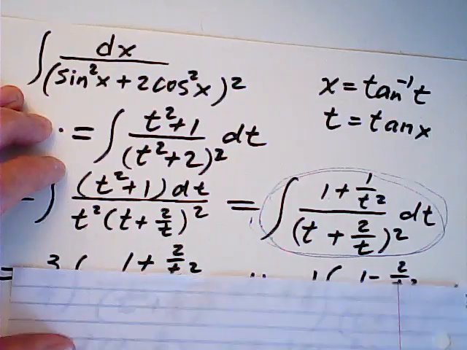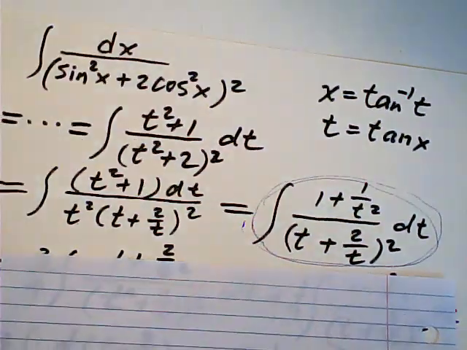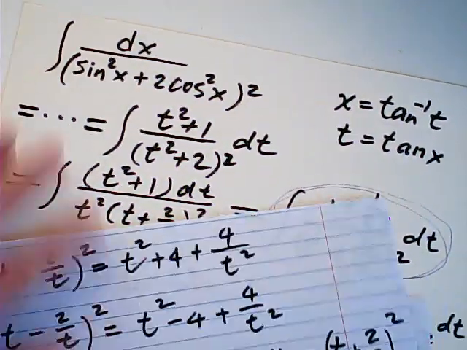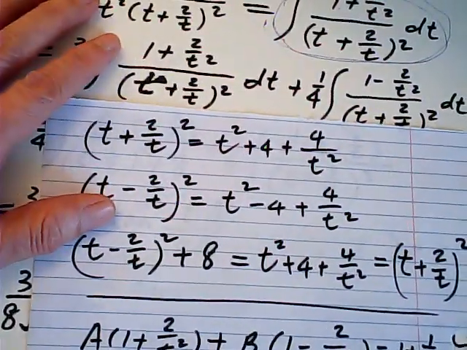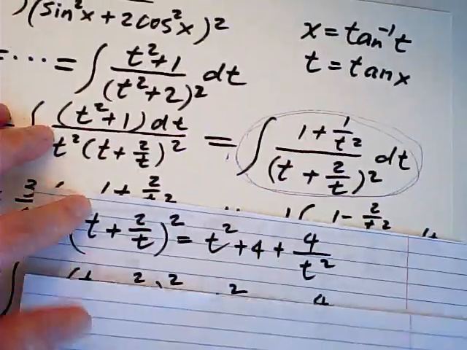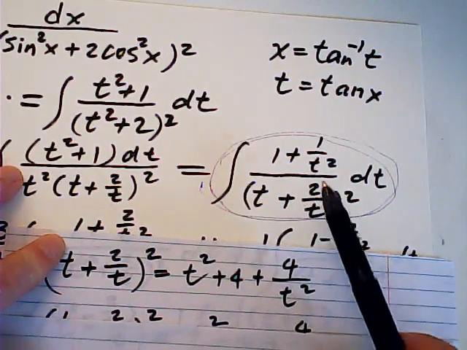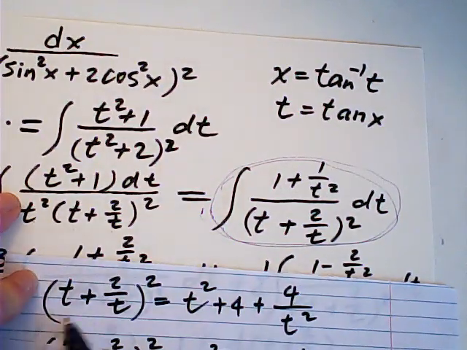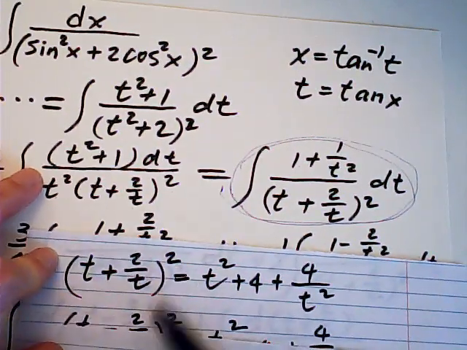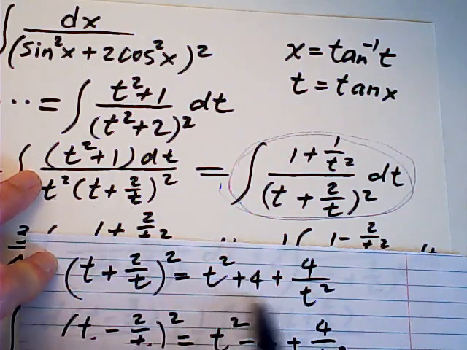Now, here, well, the denominator. This is the denominator after expanding the binomial.